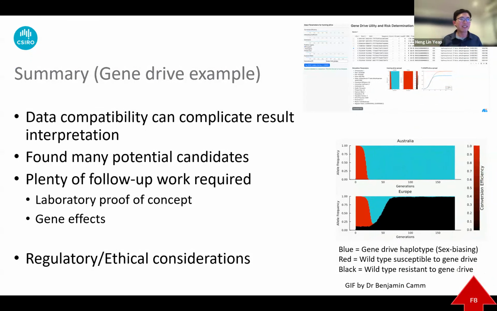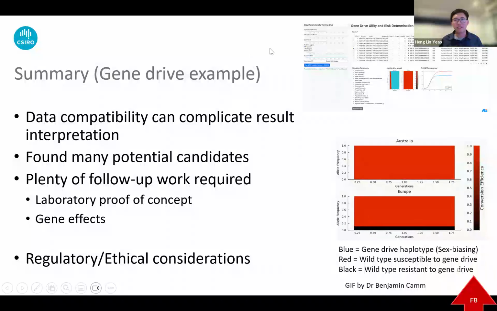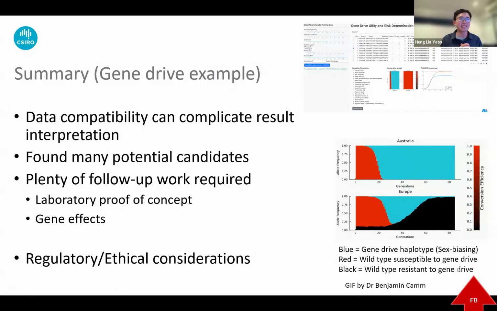I didn't talk about regulatory, but together with Rahul, we were developing the dashboard which collates all this information, so hopefully we can give regulatory and ethical bodies a chance to play around with the data and decide what risks are acceptable.